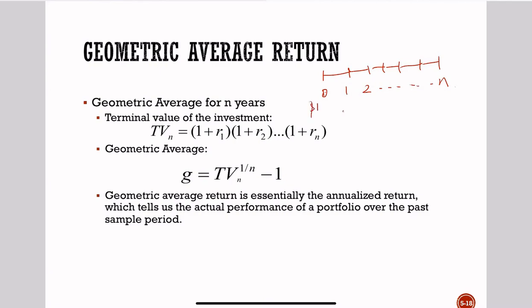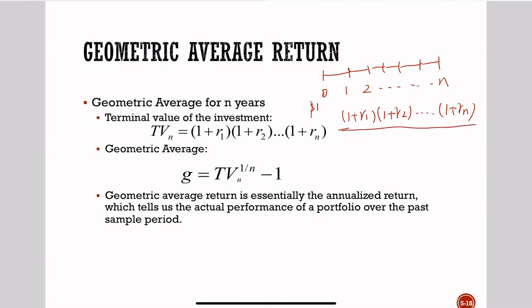At the end of the first year, the dollar value of your investment is 1 plus R1. Then you continue to invest, so it's 1 plus R2, and so on until the nth year, it's 1 plus Rn. This is the total amount of your money from investing for n years.